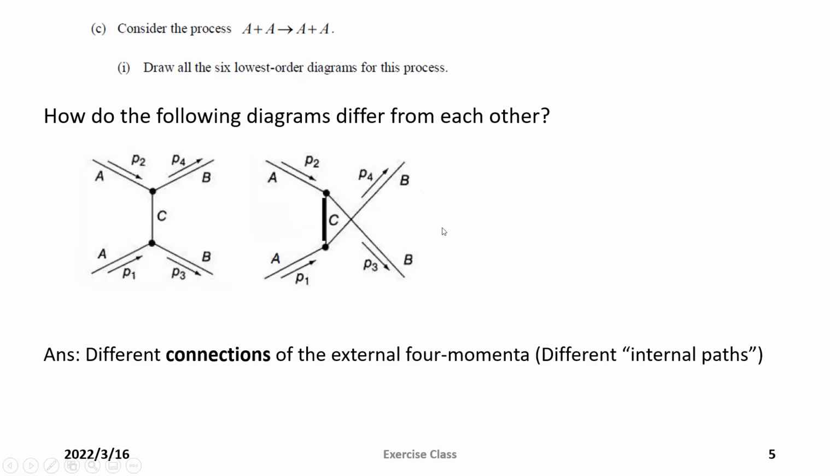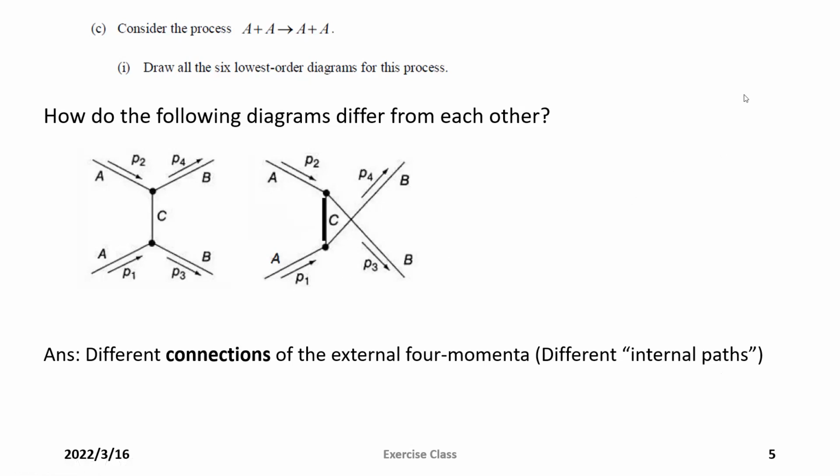And the answer is they have different connections of the external four-momenta. That means the external particles interact by different internal paths. So we consider them as different diagrams.